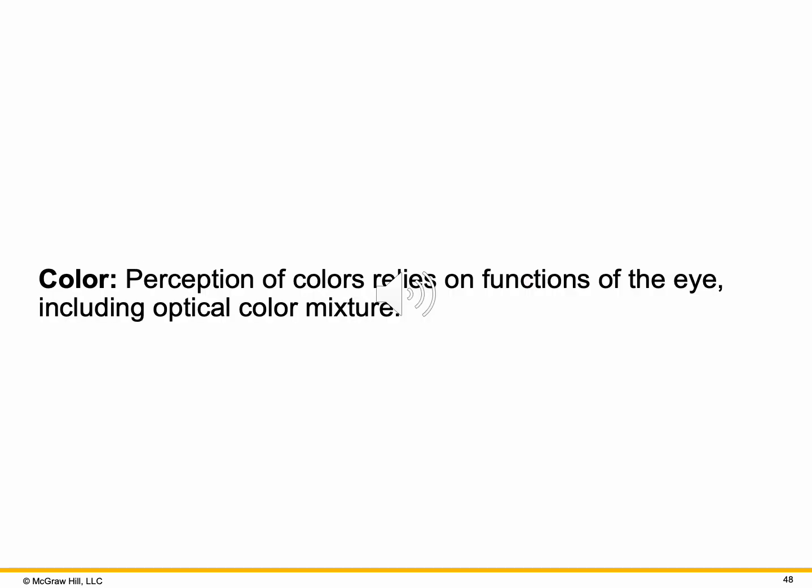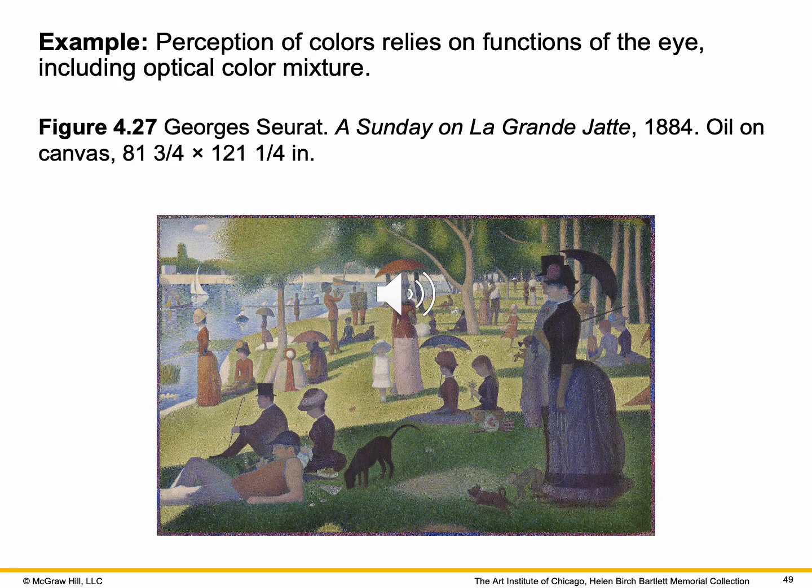Color. Perception of colors relies on functions of the eye, including optical color mixture. When small patches of different colors are close together, the eye may blend them to produce a new color.